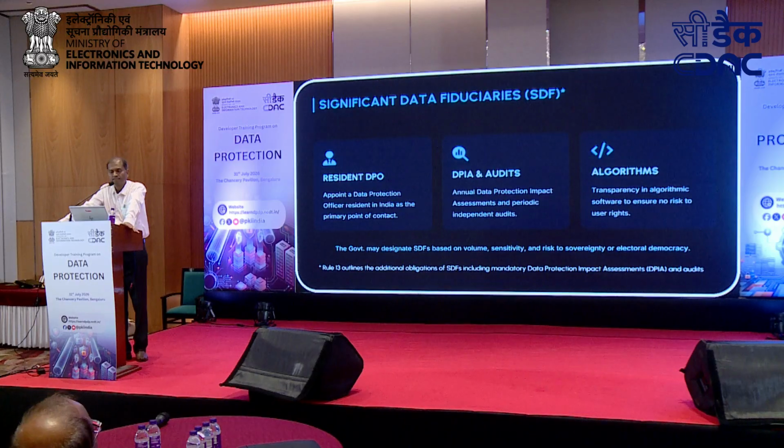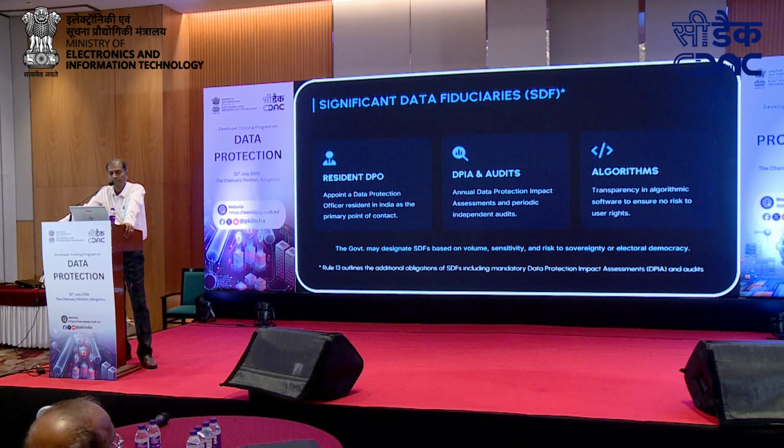Now the second point is that the job of the DPO is to carry out data protection impact assessments. He has to do a yearly impact assessment and submit the report, and he also has to ensure that independent audits are conducted in the organization periodically. So DPIA and audits are the main points required to be done by the DPO.